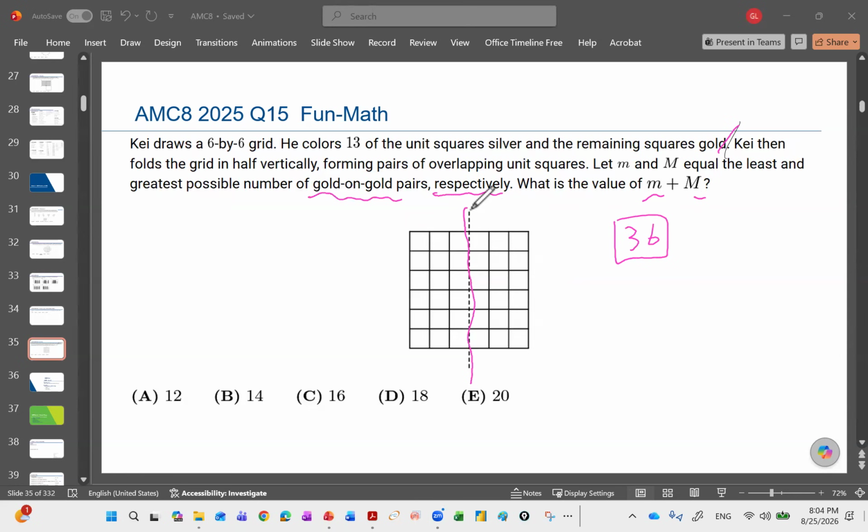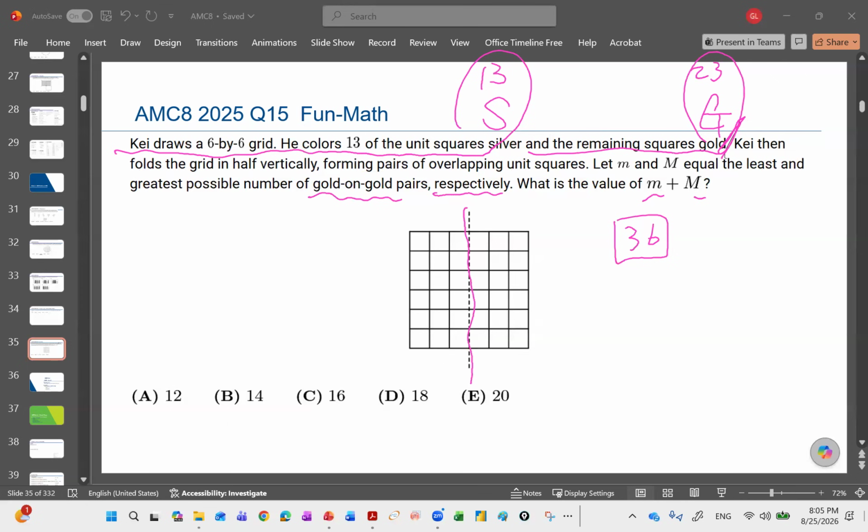They color 13 of the squares silver, we could say S, and then the remainder is gold. So 13 silver. How many gold? 23, right? Makes sense? So that answers the first part: 6 by 6, 13 silver, and the remaining 23 gold.